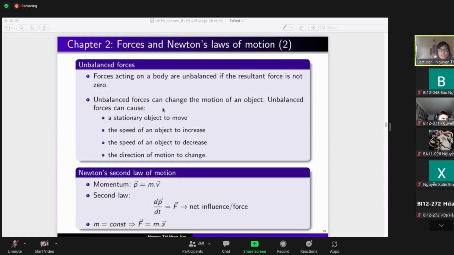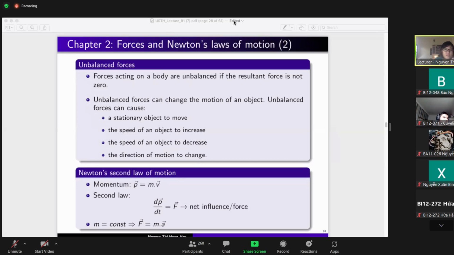How about the case where the forces are unbalanced? We already considered balanced force. Balanced force means the object will move with a constant velocity. Agree?